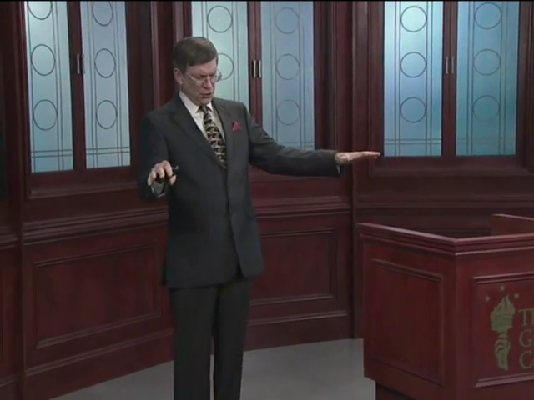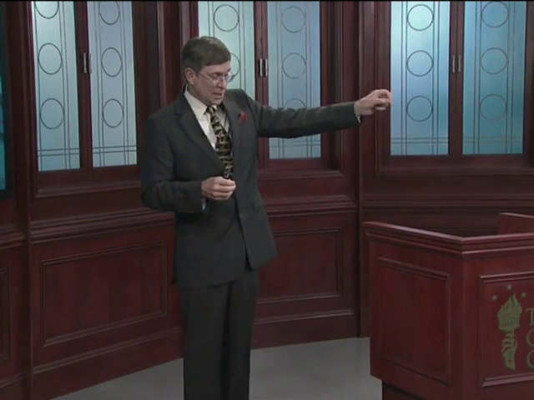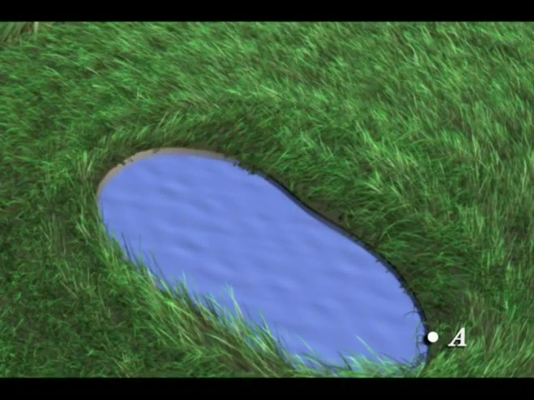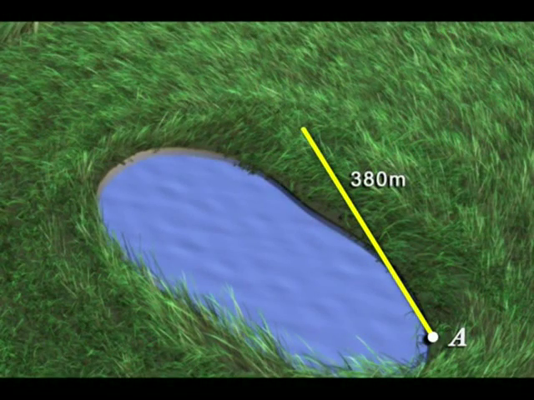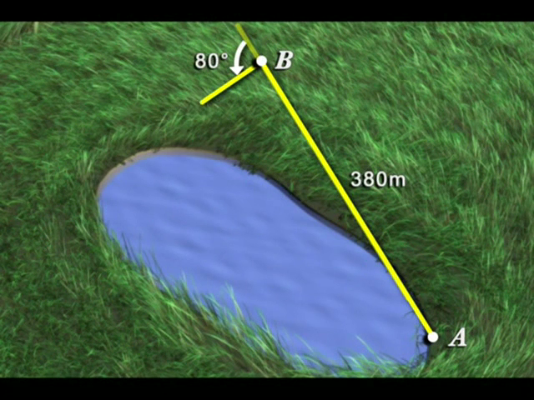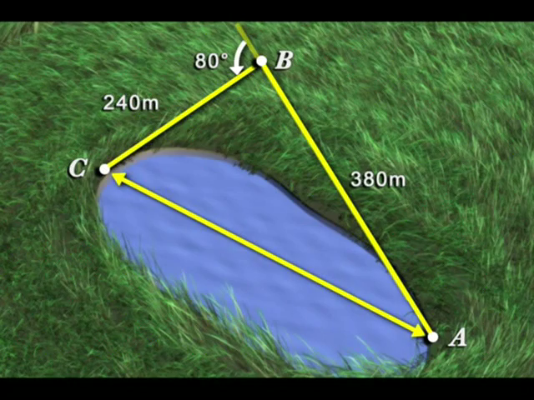So you want to find how far it is from A to C across the marsh. And of course, I don't want to swim it. So I start at A, I walk 380 meters, make a turn of 80 degrees, walk another 240 meters, and then I end up at point C. Will I be able to find the length of the marsh?